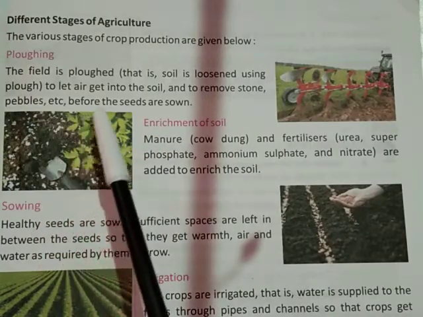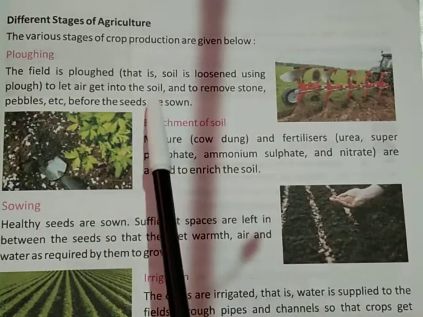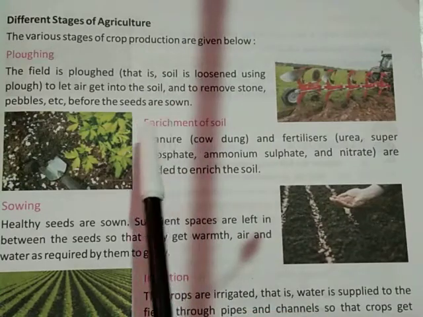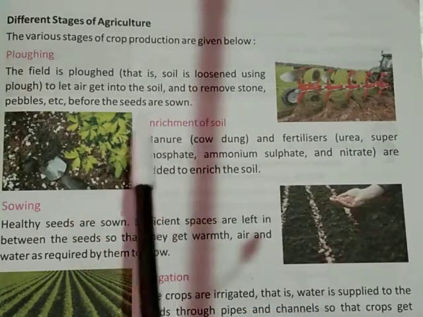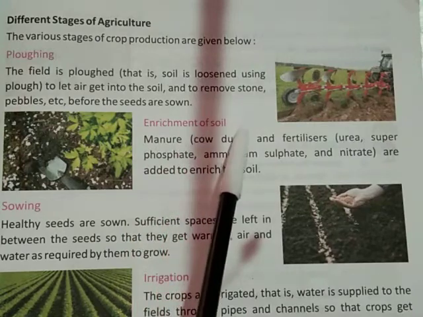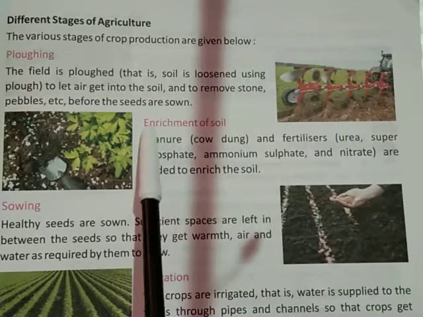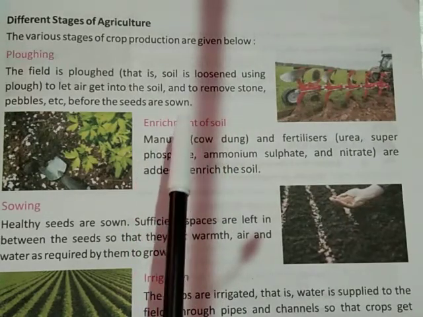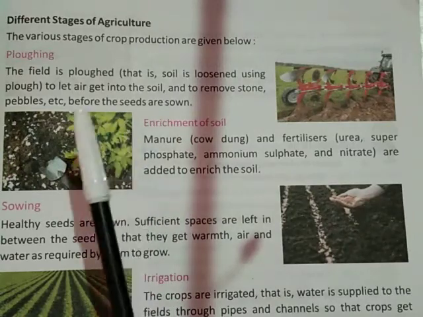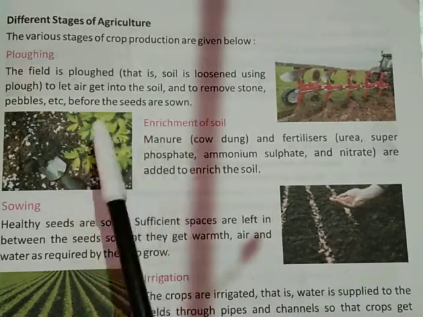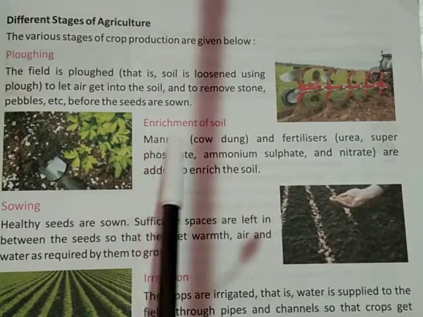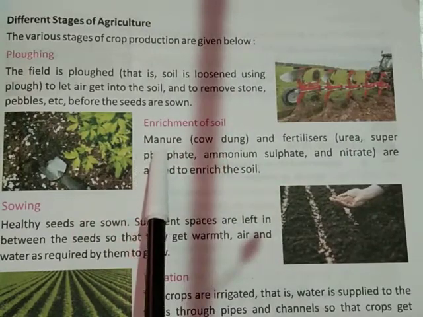Once we have ploughed, the next step is enrichment of the soil, in which we are adding some manure, fertilizer, and humus to the soil. Enrichment of the soil means adding manure.